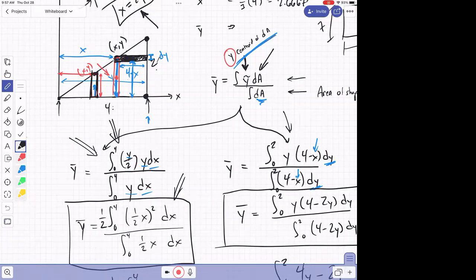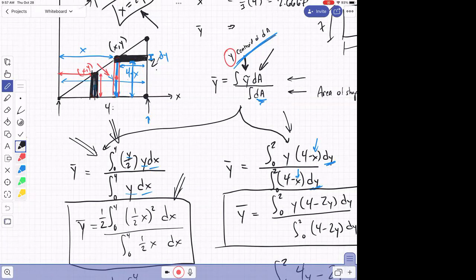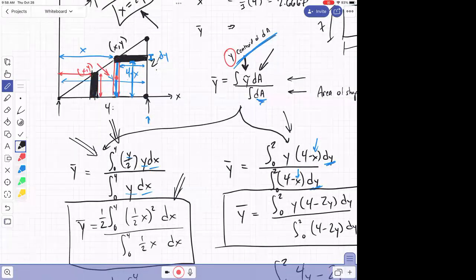Okay, it's just different ways to approach the problem. You could have done it either way. Okay, so how do you get the y over 2 versus y and versus 4 minus x?